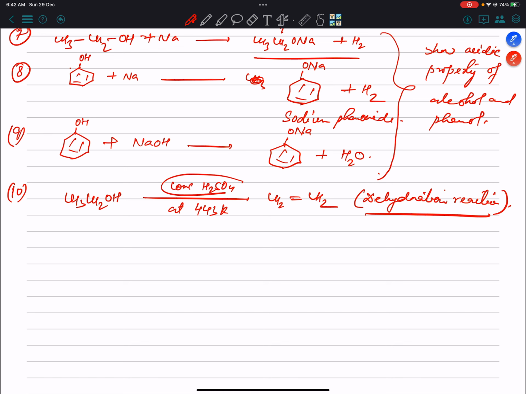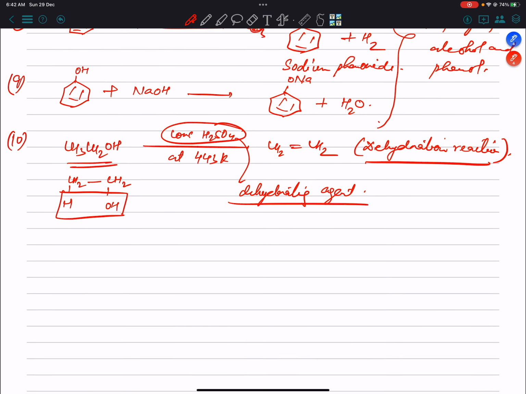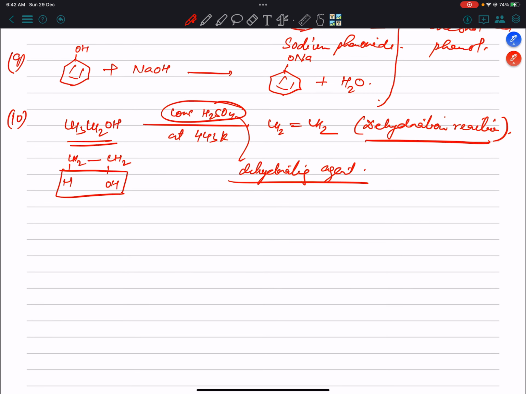This concentrated H2SO4 is a dehydrating agent. So it removes water from the alcohol like this. If you write the alcohol like this, then it removes water from here, and then a carbon-carbon double bond is formed.